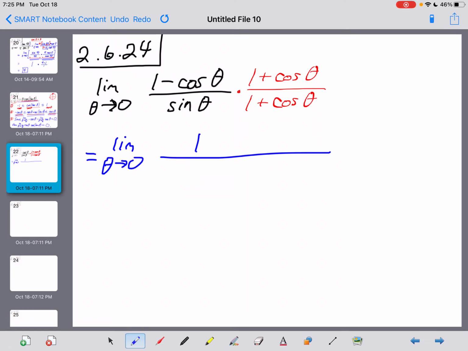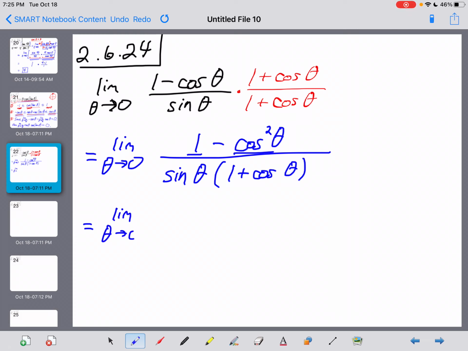And then at the end, we're going to be left with minus cosine squared of theta. That's just the first and the last product in FOIL. Outside and inside cancel each other out. Now the denominator, nothing pretty happens. So I'm going to leave that one in factored form of sine of theta times the binomial 1 plus cosine of theta.